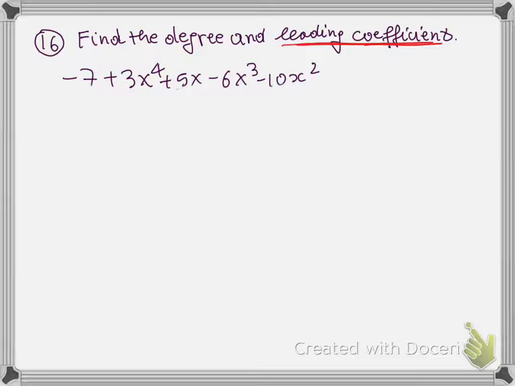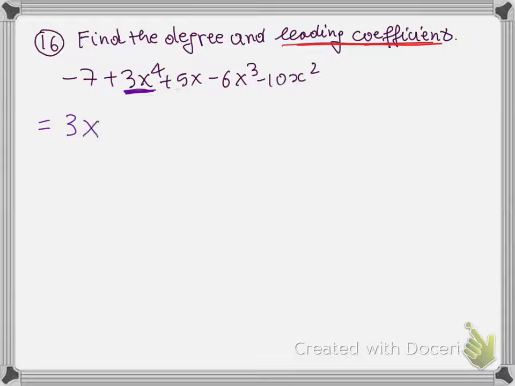In this problem, we're asked to find the degree and the leading coefficient of this polynomial function. So the first thing we're going to do is write this polynomial function in standard form, which means that we're going to write the degrees of x in decreasing order. So we're going to look at the highest degree here, which is x to the 4th, so that's going to be first.